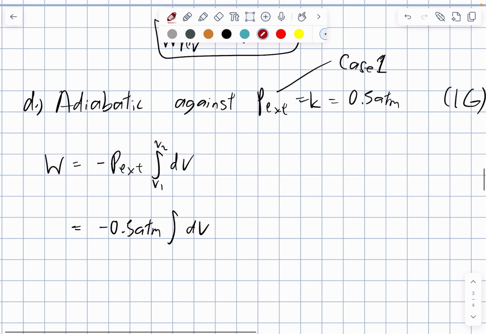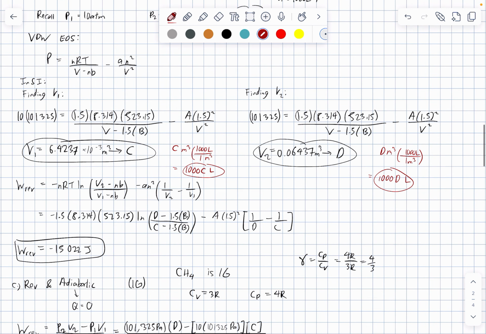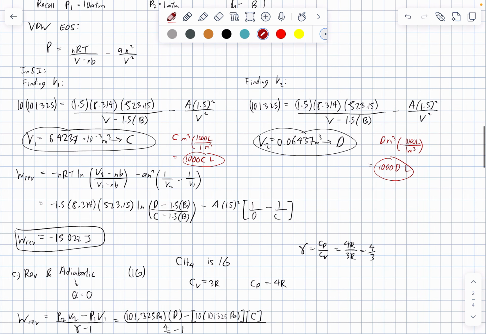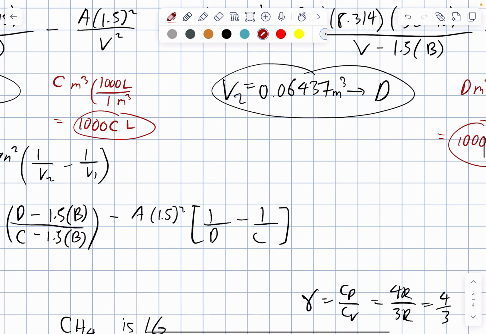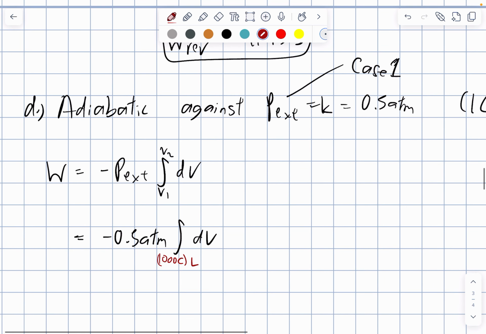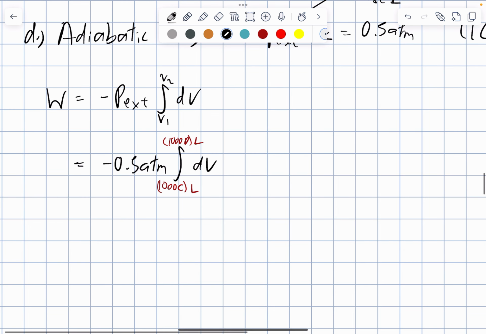We'll use them here. What's our V1? V1 is 1,000 C. And here it's what is it again? 1,000 D. So notice we can rewrite this as negative 0.5 atmosphere, integral rather, is V2 minus V1.